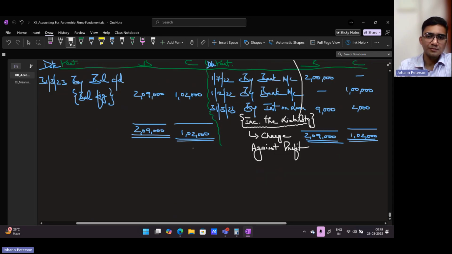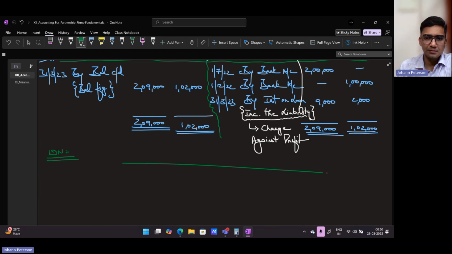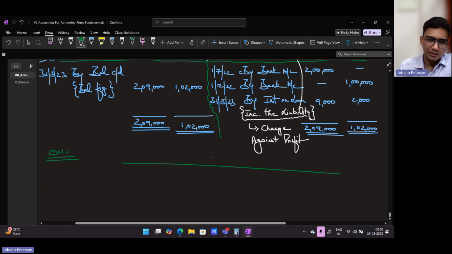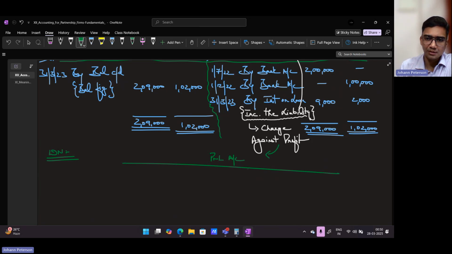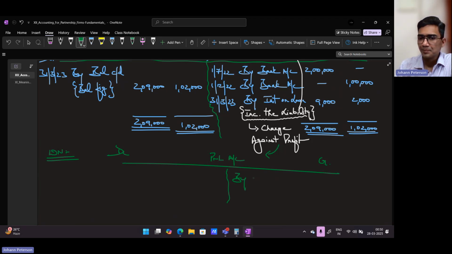So if we talk of this, let's make a little working note. Let's make a profit and loss account because the charge against profit is shown in the profit and loss account, credit side, debit side. Now, in this account on the credit side, we have been writing by what profit we have been given.